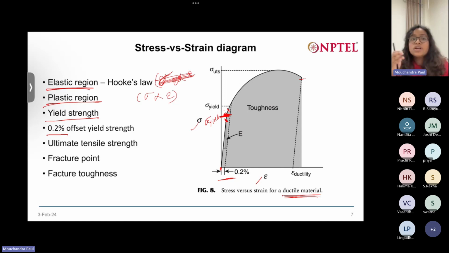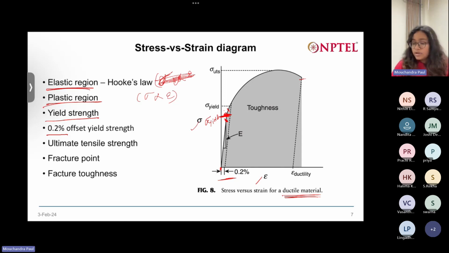These are similar quantities. But yield strength or yield stress is the point where the material has experienced maximum stress elastically, and after this point the material will undergo plastic deformation.